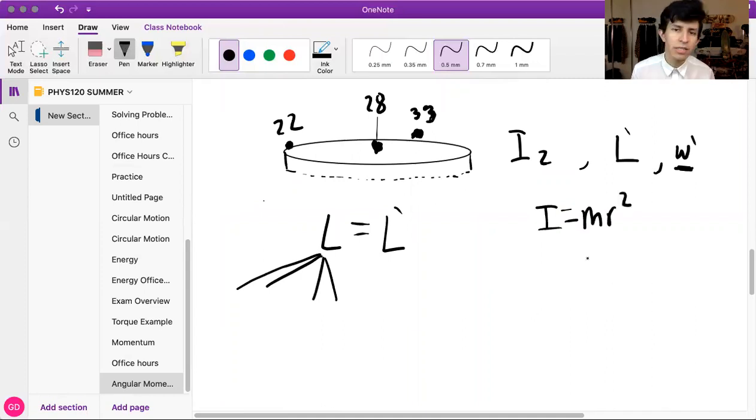We talked about this in the last problem with the figure skater. This equation is going to apply for each of the people on the merry-go-round, but it's not going to apply for the merry-go-round.